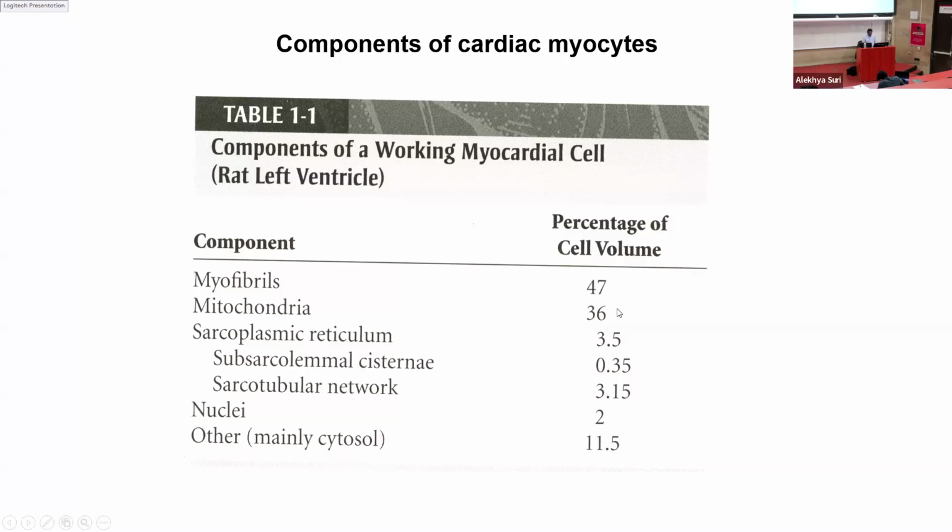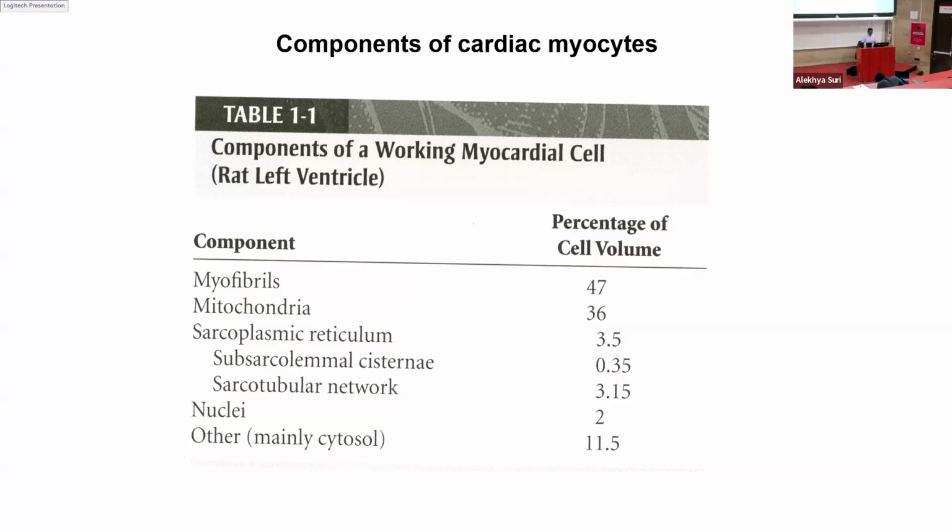Then the mitochondria occupy 36% of the cell, and the sarcoplasmic reticulum 3.5%, and the remaining is the other parts of the cell, like the nuclei, Golgi, or whatever other cellular components.